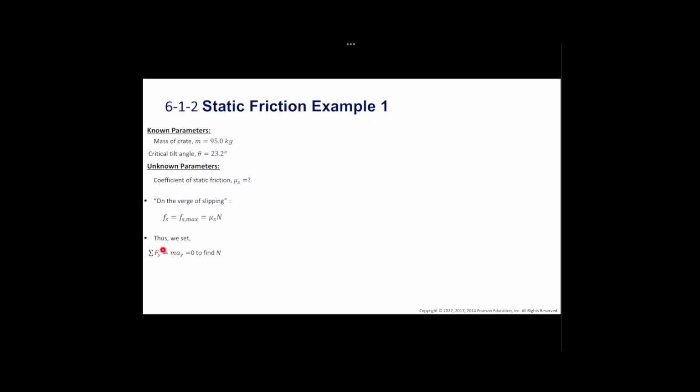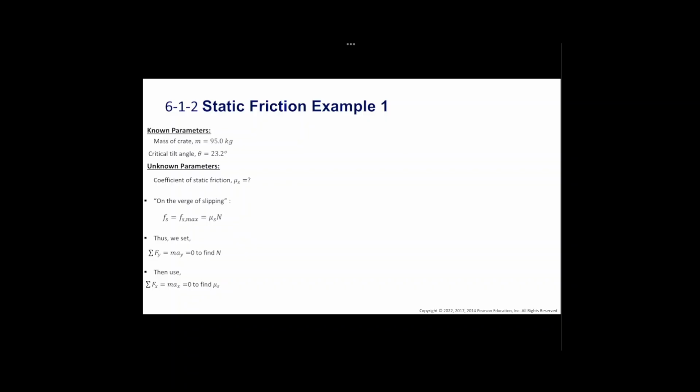If we apply Newton's second law in y direction, sigma F equals m a y, and it is 0. From that we can find the normal force, and then we can use Newton's second law in x direction, which is again 0 on the verge of slipping. From that we can find mu s, the coefficient of static friction.